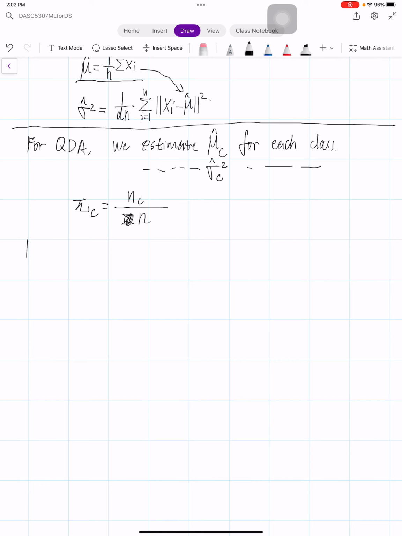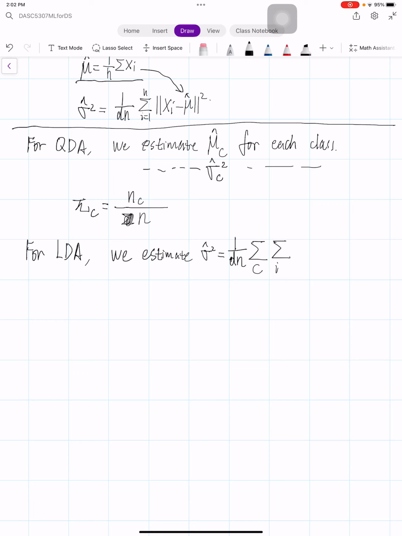For linear discriminant analysis, we estimate sigma square equals 1 over d n multiplied by the summation over each class, right?